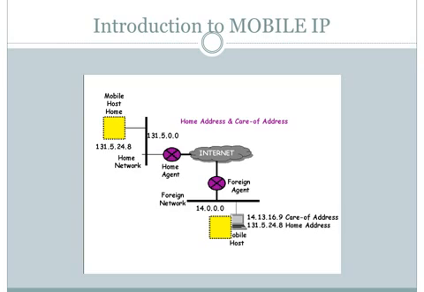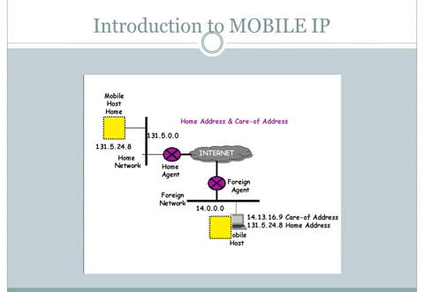Now you can see there are two addresses here, one is the home address and the other is the care of address. You can see that the home address for this node remains the same as in the home network. In the home network, its address is 131.5.24.8. The same address is present even in the foreign network.